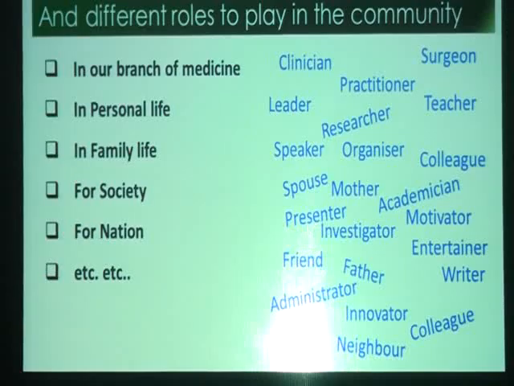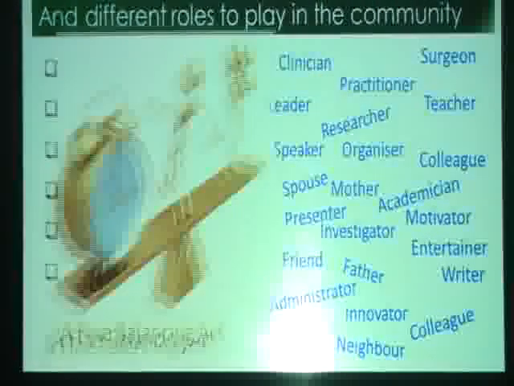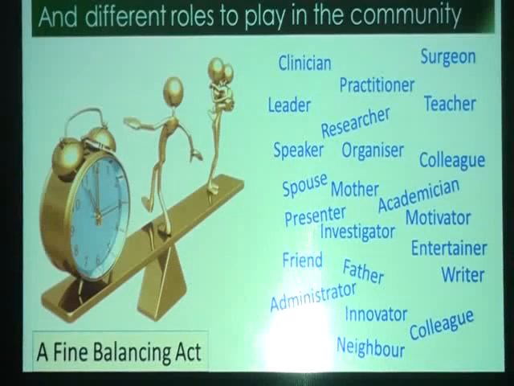And that is a very bad example of going to excellence. And again, you might be a very good presenter, but may not have good content within you. So you have so many roles to play in the community, and a fine balancing act is required within these areas.